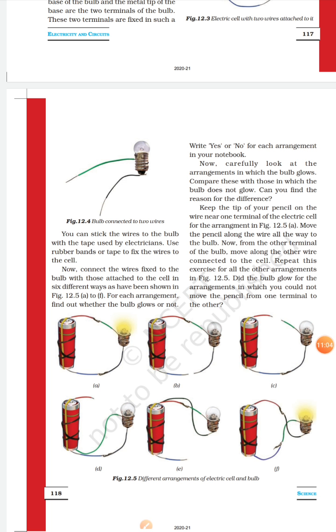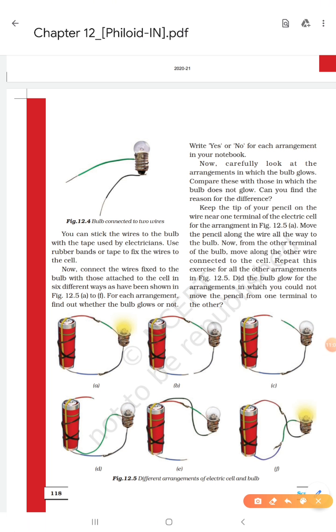After that, you can stick the wires to the bulb with the tape used by electricians. Use rubber bands or tape to fix the wires to the cell. One opened part and second opened part is connected to the bulb, and one opened part and another opened part connected to the cell. One to bulb and one to cell, like it.